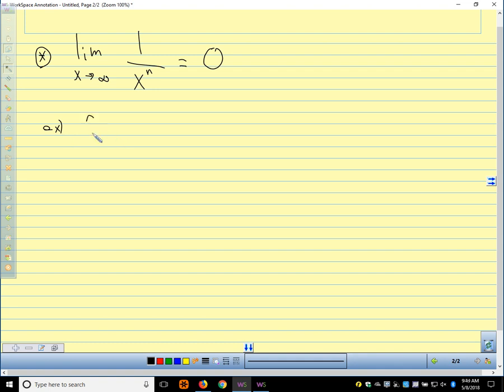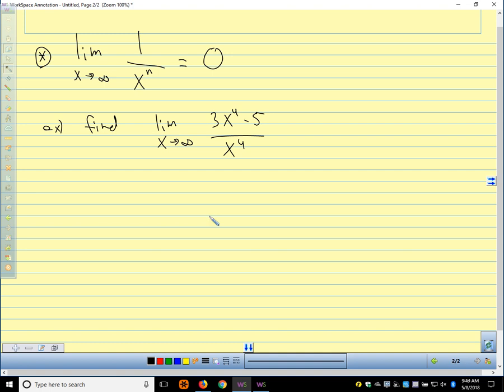We want to find the limit as x approaches infinity of 3x to the fourth minus 5 over x to the fourth.